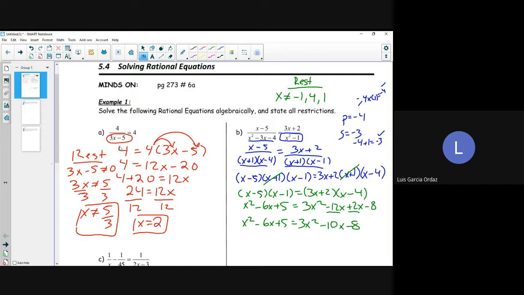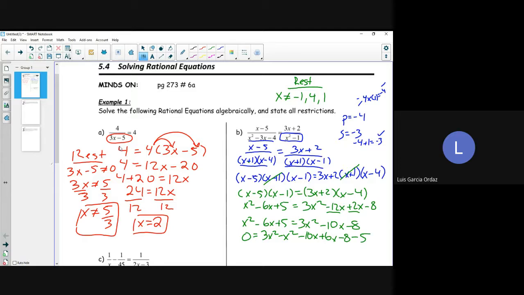And now what would be our last step? You have to set the equation all equal to 0. So we're going to move the left side over to the right side. So equal to 3x squared minus x squared minus 10x plus 6x minus 8 minus 5.